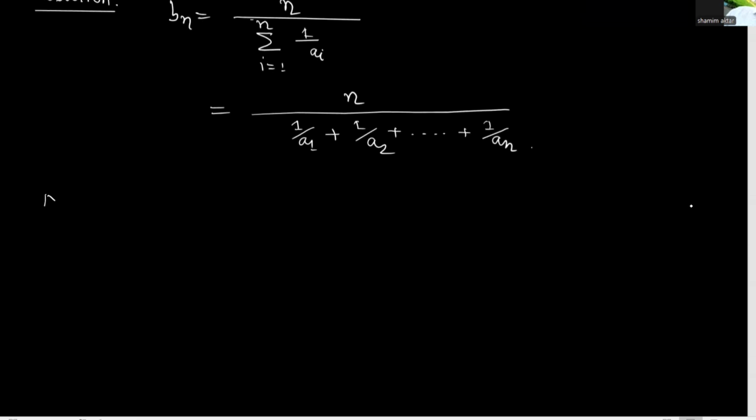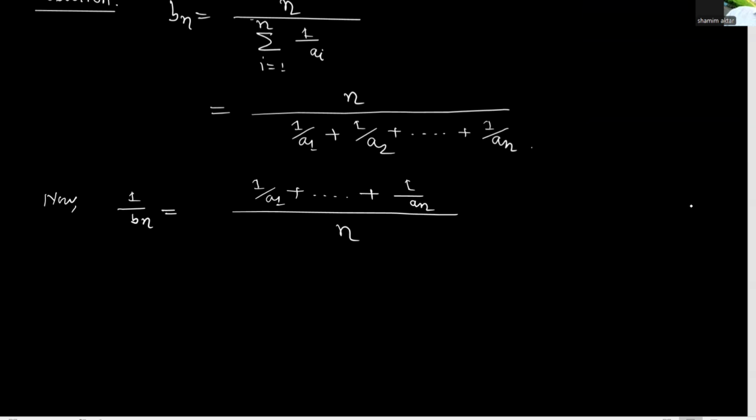Now 1 by b_n is equal to (1/a_1 + ... + 1/a_n) by n.